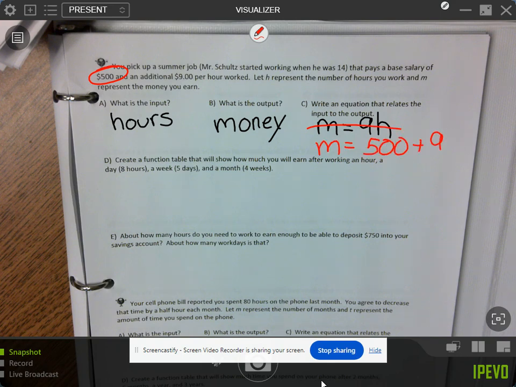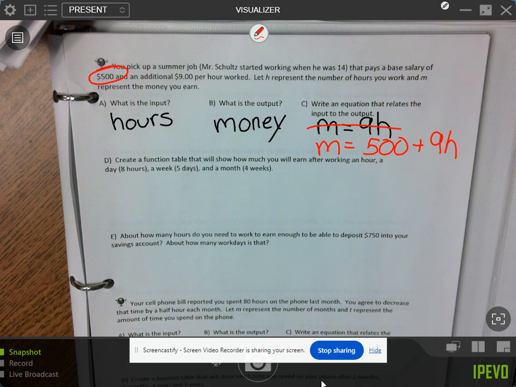We're going to add that to our 9H, because that's our base. We always start with $500. So we have that, and we're adding on the hours that go into it. Does that make sense?